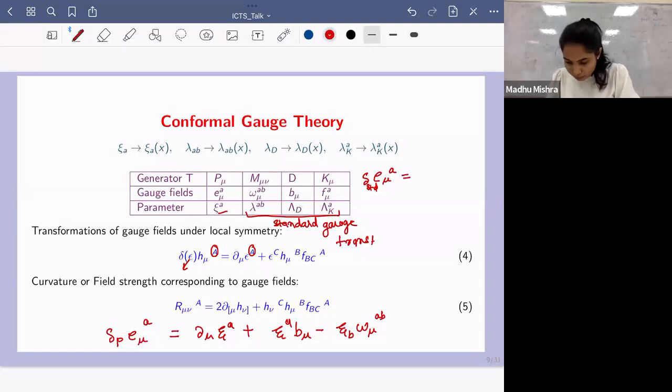Now, if you look at this term, this A corresponds to the index of the gauge field, and since we are only taking the transformation under standard gauge transformation, this term will not contribute, and we will only have epsilon C H mu B. So we want to see any two commutation relations which give us translation as a final product.